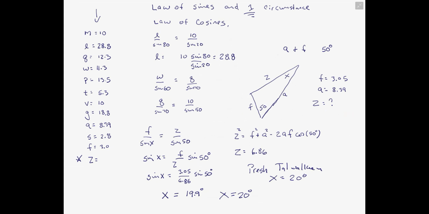And then in one circumstance, I used the law of cosines, which I used right in this spot right there. The law of cosines is c squared equals a squared plus b squared, sides, minus 2ab cosine of angle c.